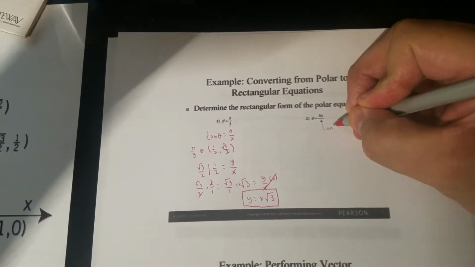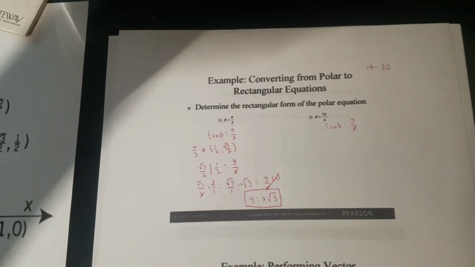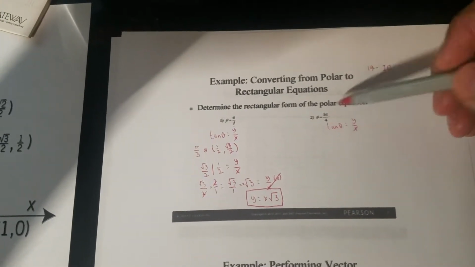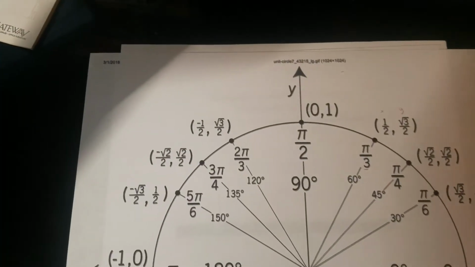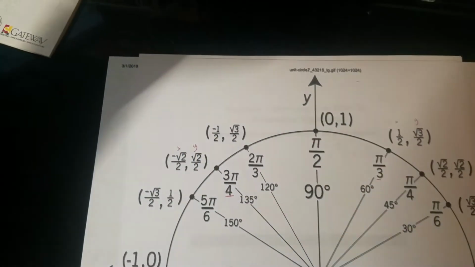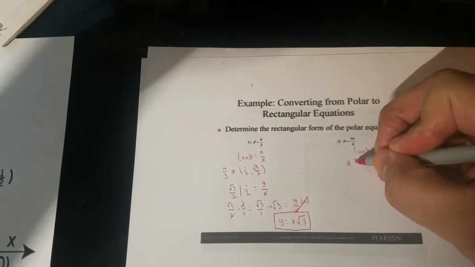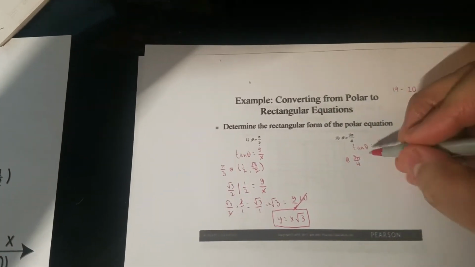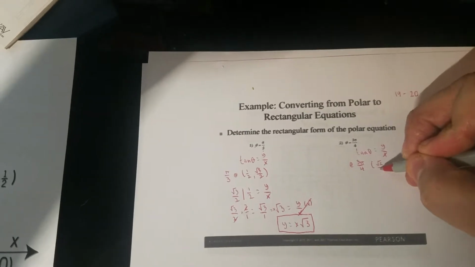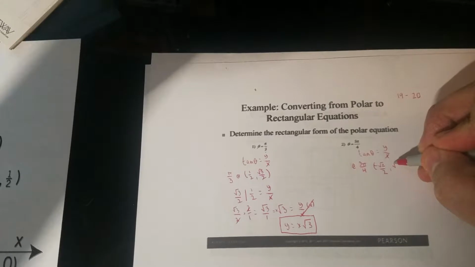Another example here, using the same equation, but now I want to use 3 pi over 4. At 3 pi over 4, my coordinate is negative square root of 2 over 2, and square root of 2 over 2.